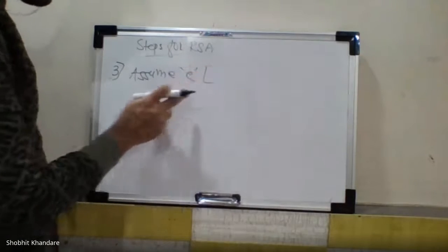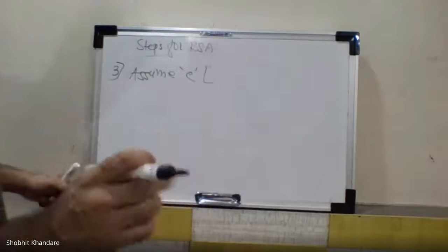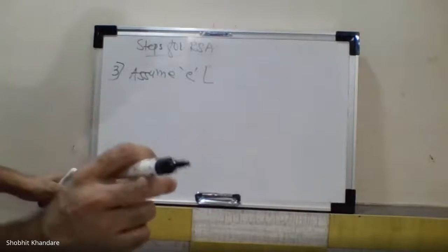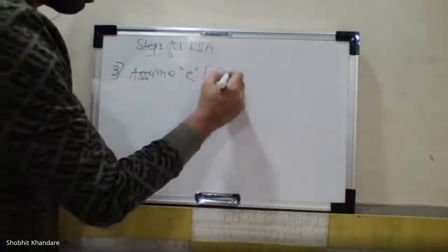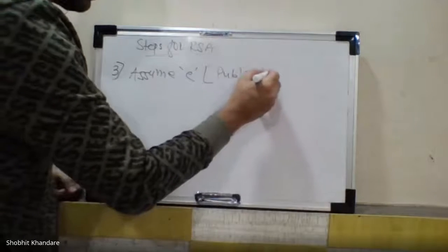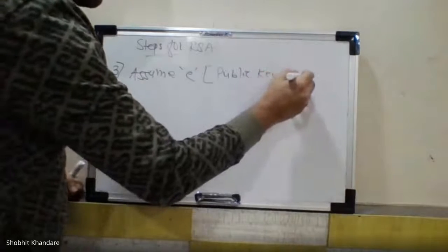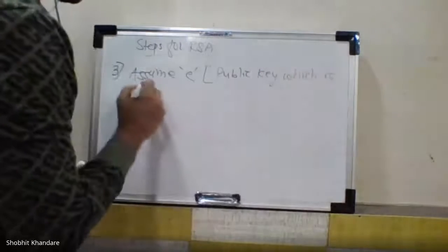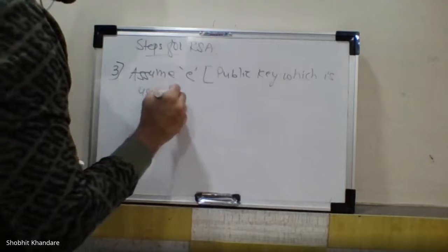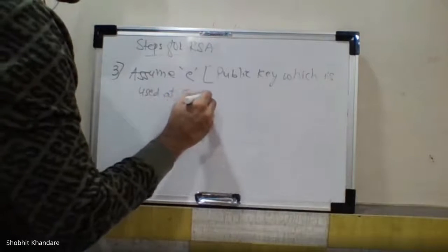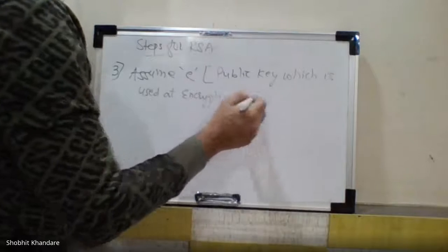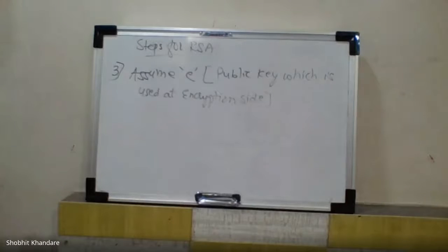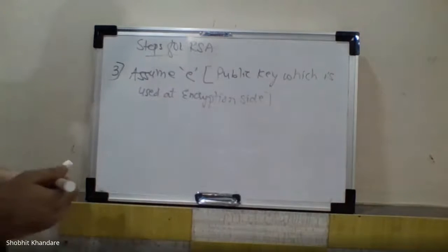Just write in brackets, what is this small e? Already I have explained to you. This is a public key which is used at the encryption side. So write down: public key which is used at the encryption side.